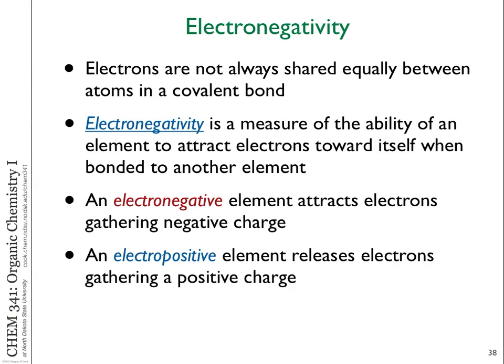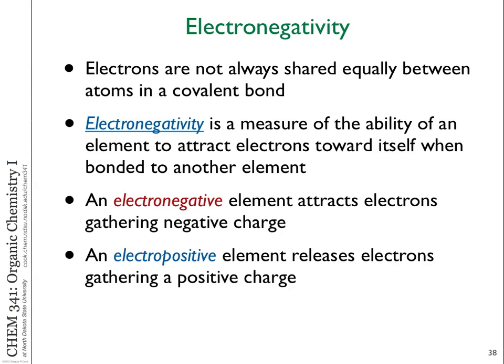This is what we refer to as electronegativity. Because elements of different electronegativity can be bonded with covalent bonds, that means they're not sharing equally the electrons in that bond. That is, if you think about a tug of war between the two elements, the one that's pulling stronger is going to take more of that rope, right? They're going to pull more on those electrons. So the electron density will be closer to that nucleus than the other nucleus.